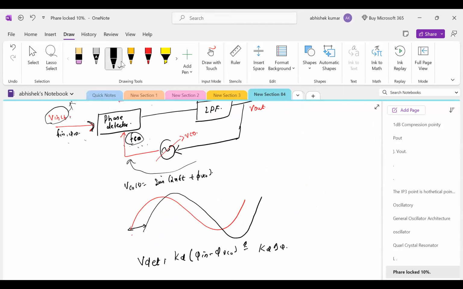So if these change, we are getting different phases.